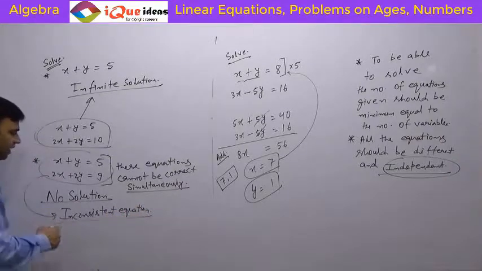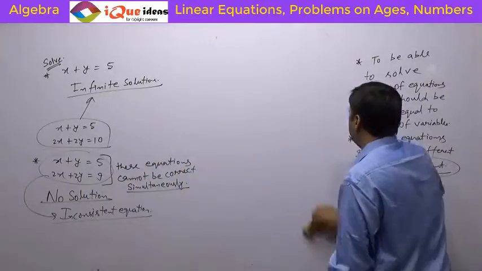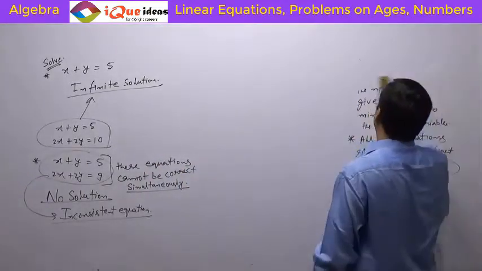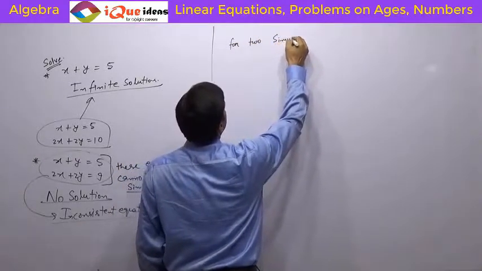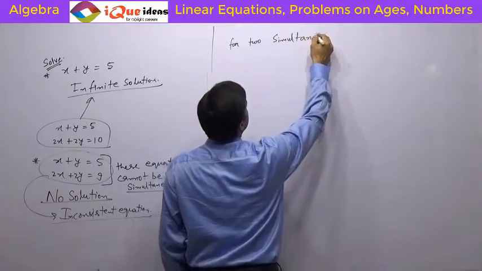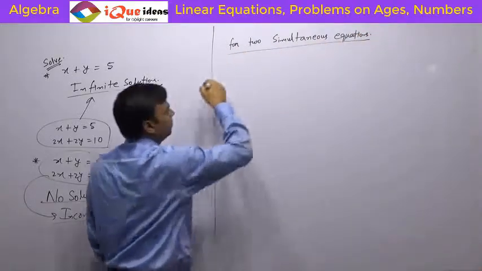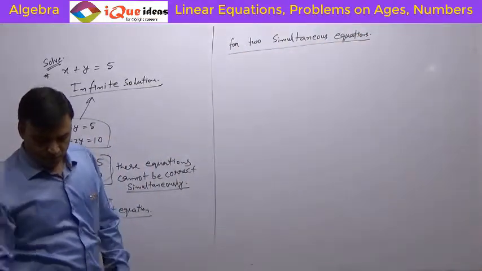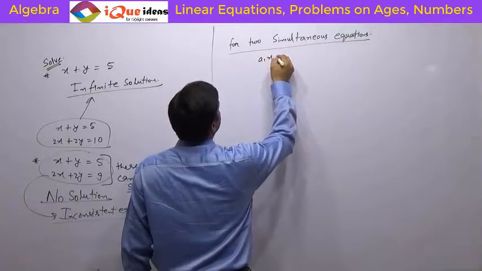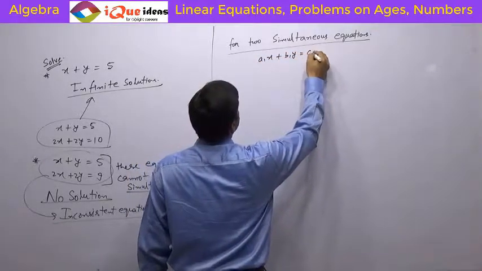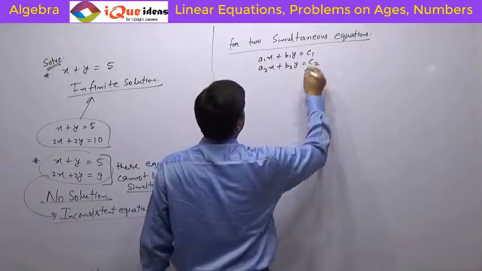Right? So here what I'll do, I'll just introduce the theoretical part of it. If there are two equations given, you can directly formulate your rules like this. For two simultaneous equations, let's say the equations are a1x plus b1y equal to c1 and a2x plus b2y equal to c2.